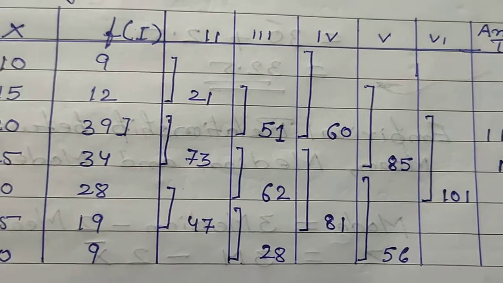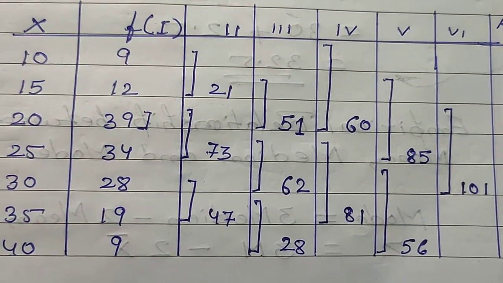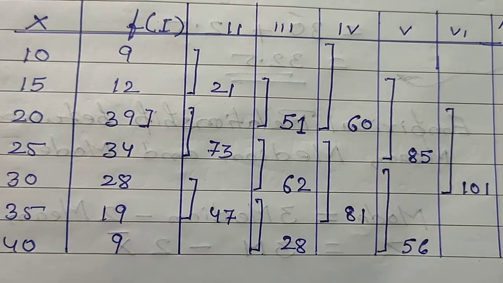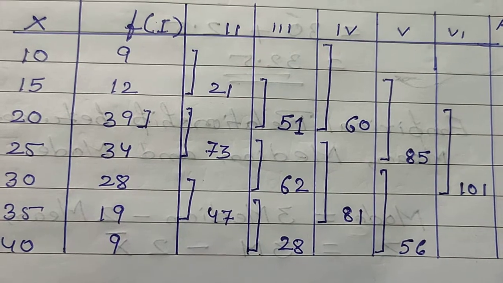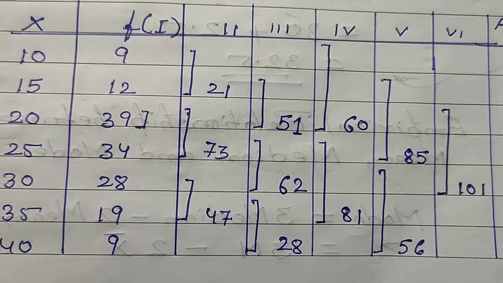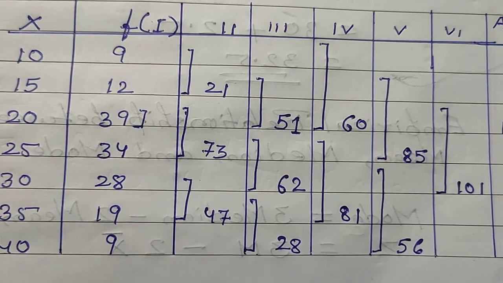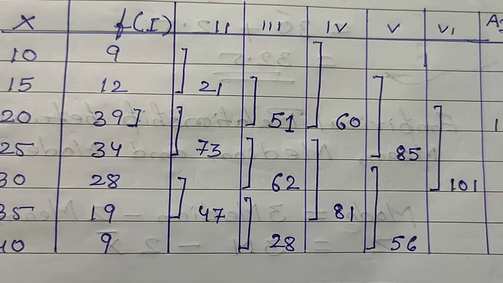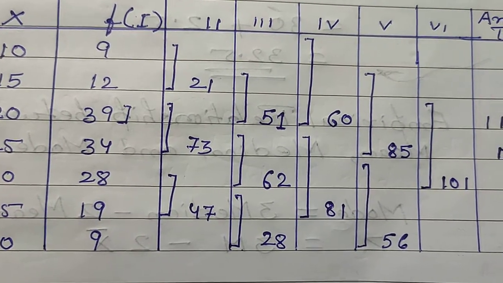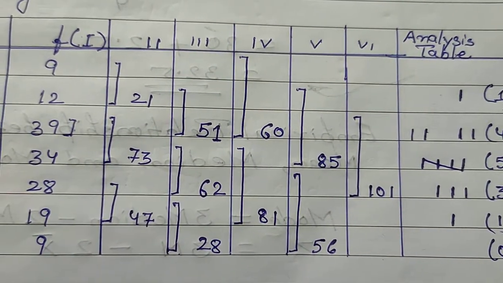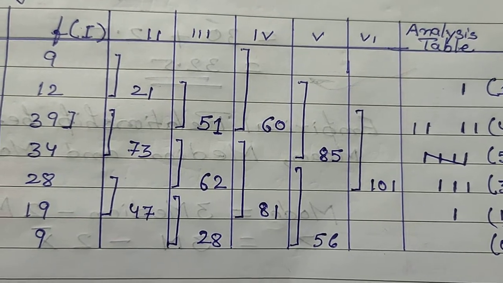In column number 3 we add up the frequencies in twos, leaving the first one, that is 9 we leave, and then add in twos, like 12 plus 39 is 51, 34 plus 28 is 62 and so on. Again 62 is the highest value and it is the sum of 34 and 28. So against 34 and 28 we put one tally mark in the analysis table.